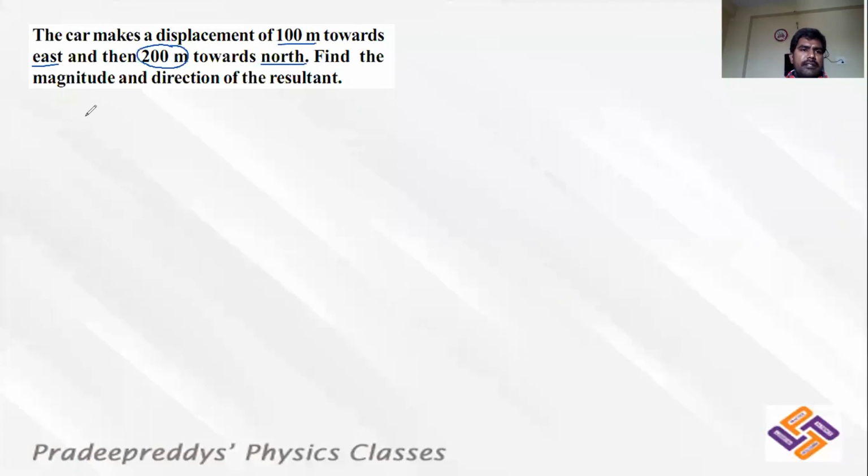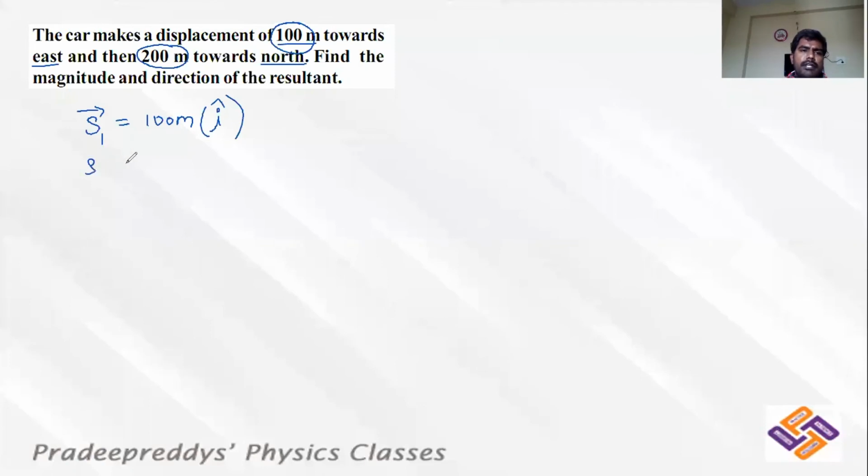Now first the car is making a displacement S bar, and let me take it as S1 because the first displacement I am representing with S1. How much is it? 100 meter towards east. As it is east, I should represent it with i cap because east is nothing but the positive x-axis, so the positive x-axis unit vector, I should represent with i cap.